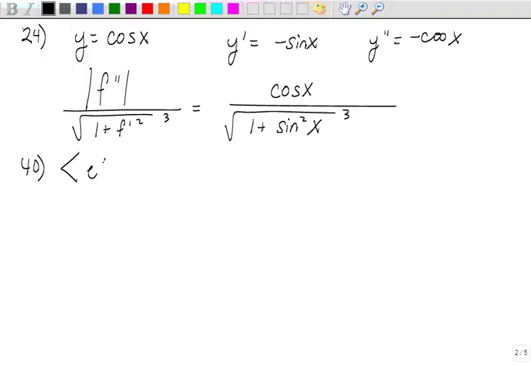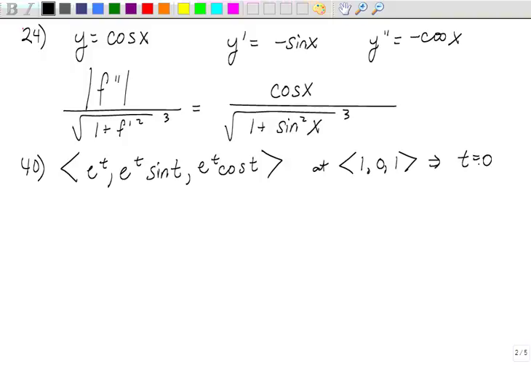In number 40, we have r equaling that at the point 1, 0, 1, so that's when t is equal to 0, and r prime is e to the t, e to the t cosine t, plus e to the t sine t.